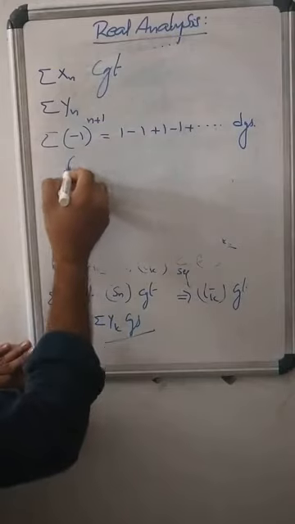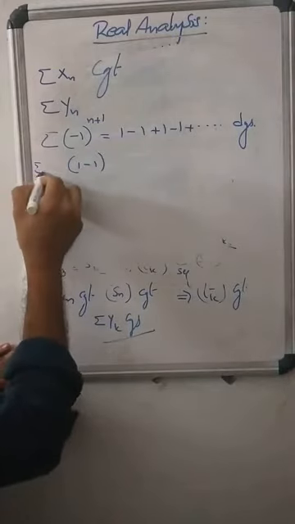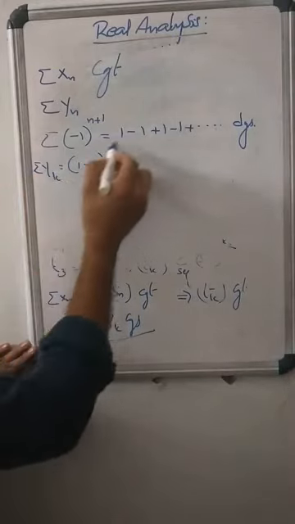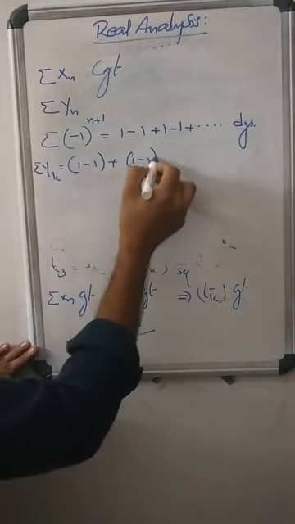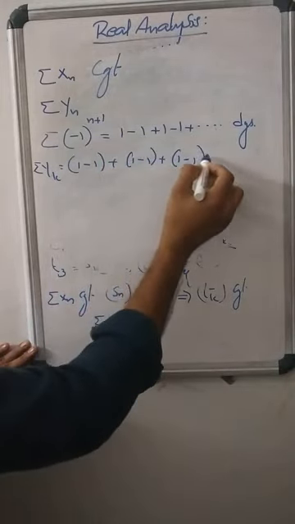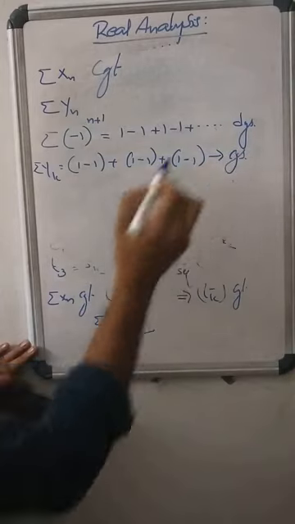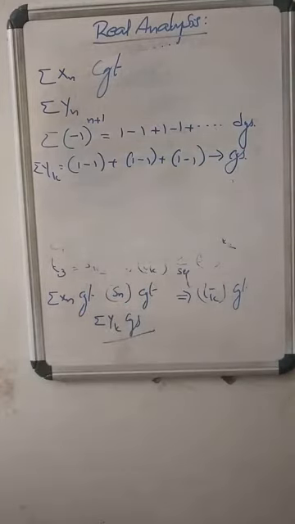Then grouping the terms: let sigma yk equal 1 minus 1 plus 1 minus 1 plus 1 minus 1. This converges, and it converges to 0.